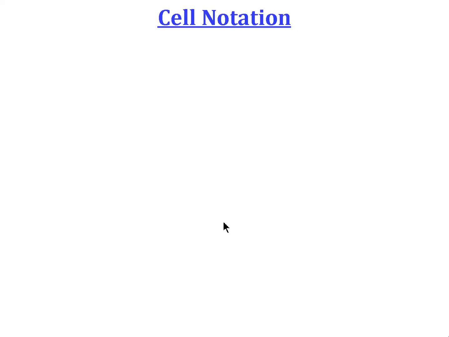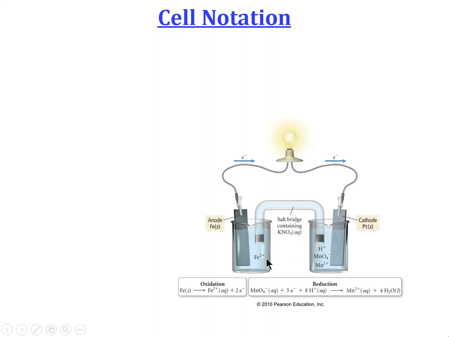Previously, we drew the galvanic cell, the electrochemical cell, and we took into consideration the presence of the anode and the cathode, the salt bridge, the direction of the electrons, and the direction of the current. We have another way to describe a galvanic cell, which is the cell notation, and this is a short description.